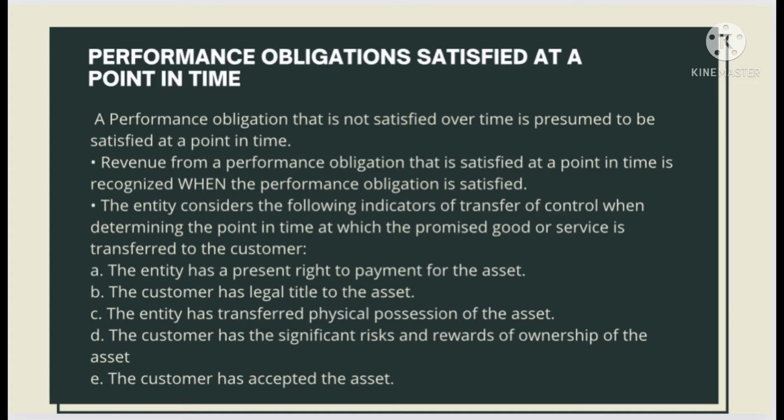In that case, revenue may nevertheless be recognized. Number 3, the entity has transferred physical possession of the asset. Number 4, the customer has the significant risks and rewards of ownership of the asset. Number 5, the customer has accepted the asset.